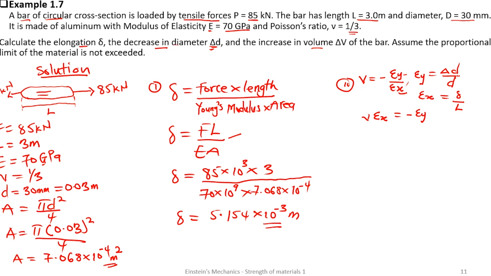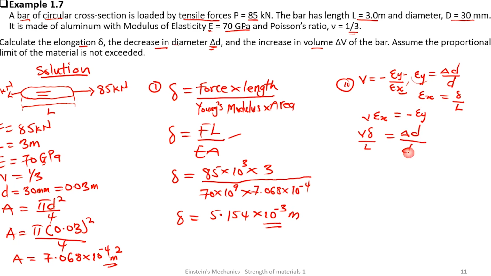So if we bring the lateral strain, which is the change in the lateral side of the material, it is change in diameter over the diameter, and the axial strain is the elongation over the length. I'm going to get V, which is Poisson's ratio, equal to elongation on length over the D. Let's ignore the negative because Poisson's ratio is going to be positive.